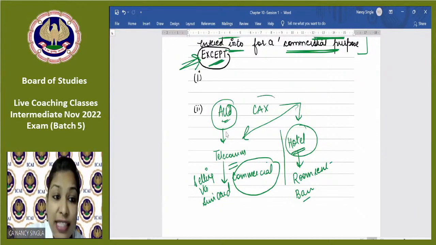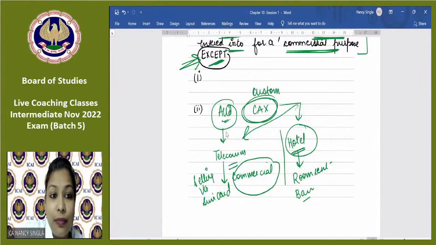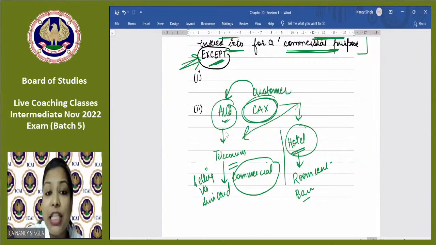So if CAX as a customer has any transaction with A Limited and such transaction is at arm's length price. What is arm's length price?